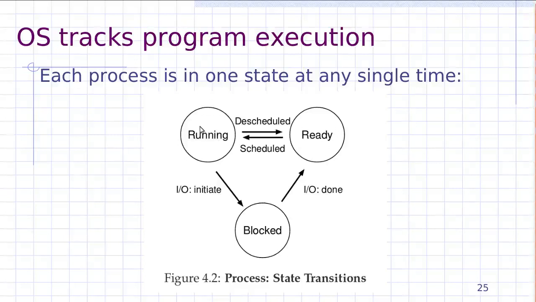And it goes back and forth until you want to do some I/O, that is, read from a disk. We'll talk about how slow things are on disk, because as soon as it says I want to read 1 byte from disk, the operating system says, okay, this will take way too long. I'm going to start the disk reading, but by the time it's done I would have probably executed 100,000, maybe a million other processes.